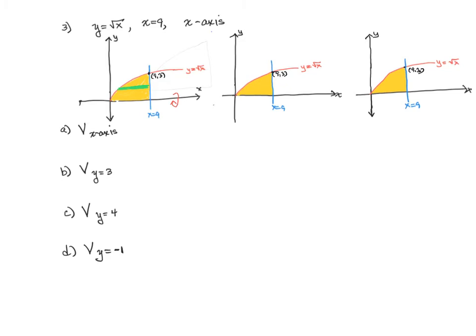So in the second problem, our axis of revolution is right here at y equals 3. In the next one, our axis of revolution is a little above the region, y equals 4.